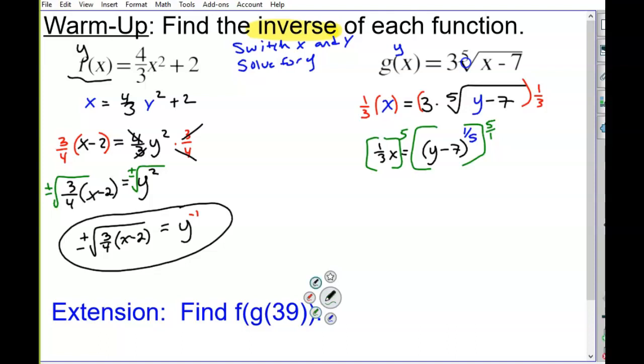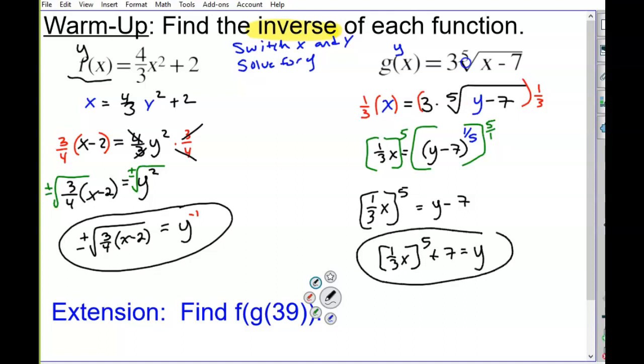And again, we're not going crazy here, so just leave the right side as 1/3 x to the 5th equals y minus 7. And then the last step, move that 7 over with addition. And there's my answer for y, which is the inverse.